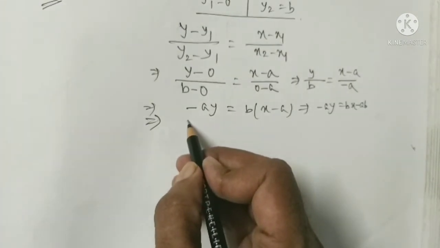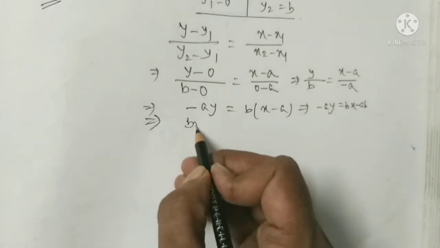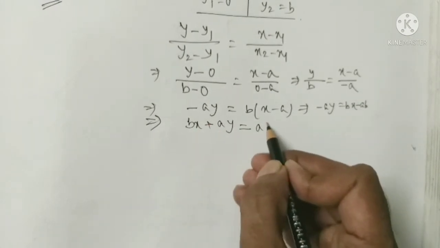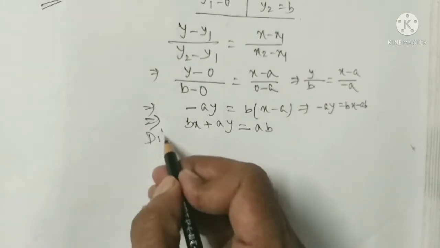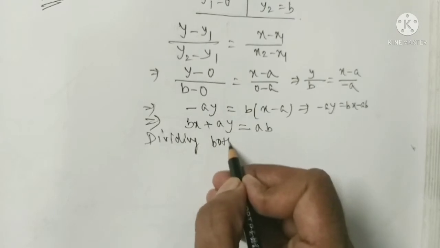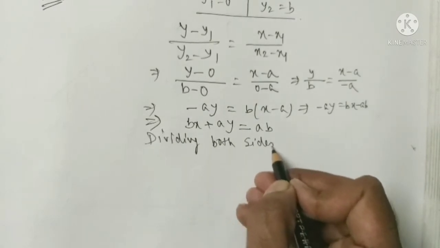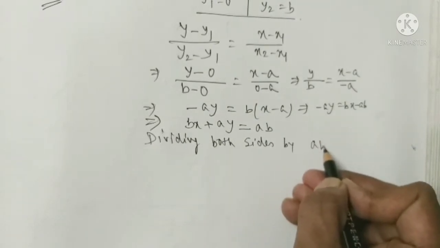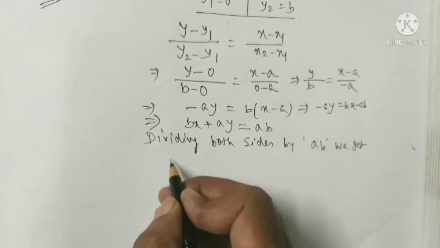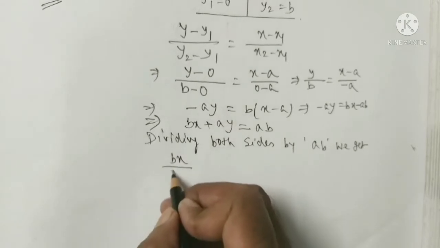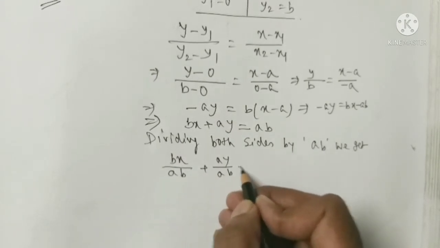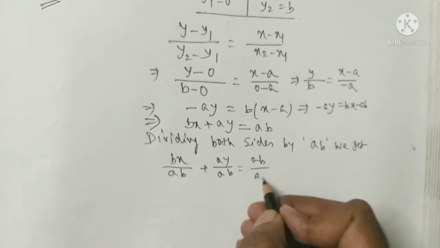We get bx + ay = ab. Dividing both sides by ab, we get, very interesting here, bx/ab + ay/ab = ab/ab.